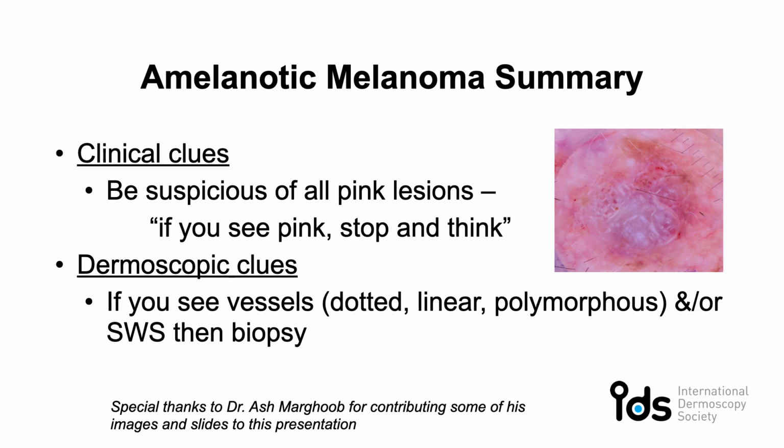In summary, amelanotic melanoma is something that is tricky to diagnose, but the clinical clues are there. If you see something pink, stop and think and grab your dermatoscope. And under dermoscopy, if you see dotted vessels or linear irregular vessels, polymorphous vessels, and or shiny white structures, it is probably a good idea to do a biopsy.